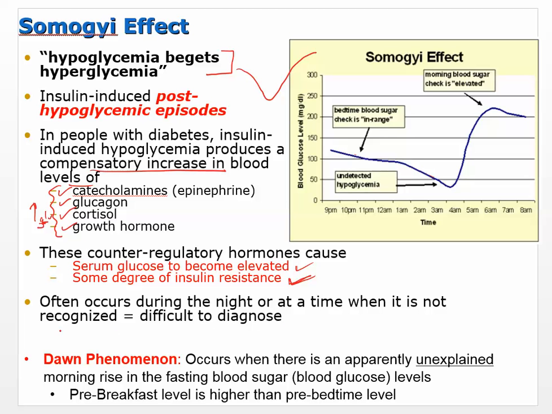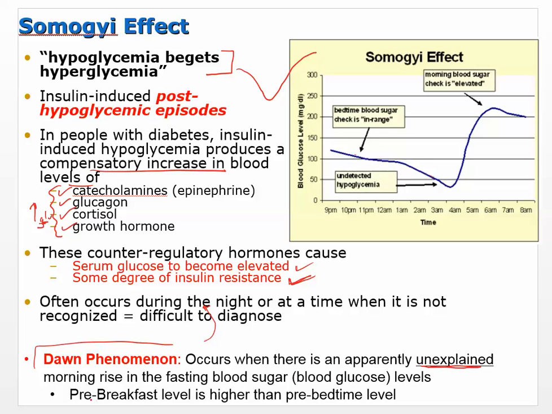Something else that has been noticed is called the dawn phenomenon. It's probably related in some way to this, but it's not known exactly what's going on. It occurs when there's an apparently unexplained morning rise in the fasting blood glucose levels.